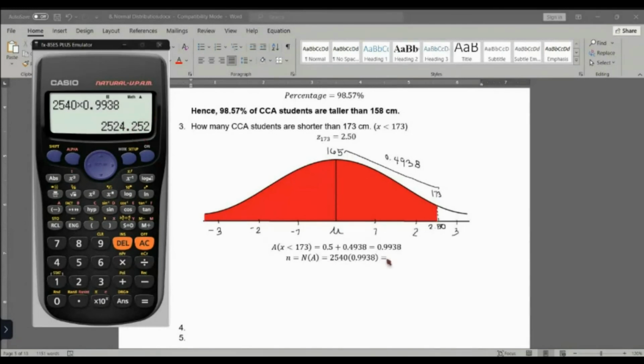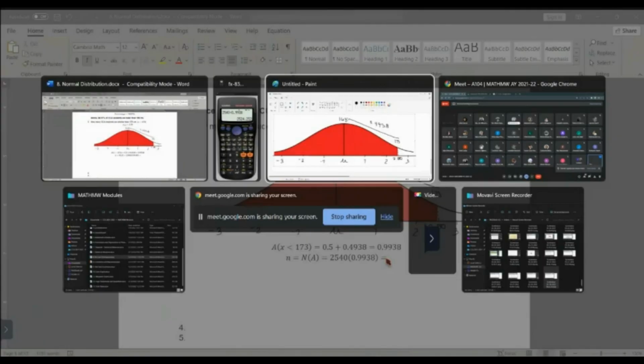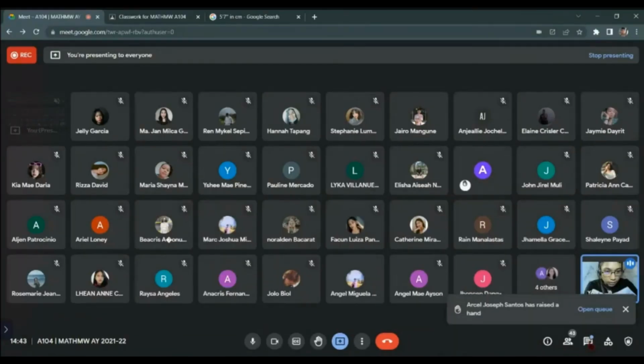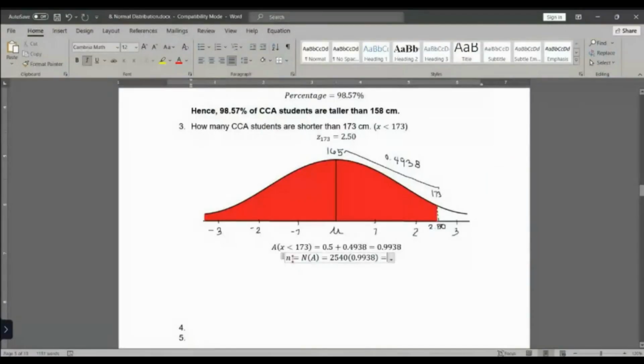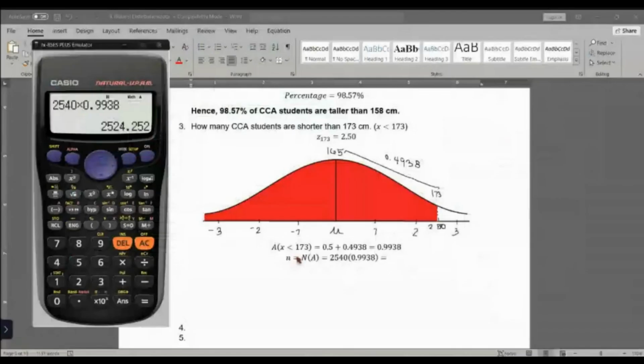Okay. So how many students are involved then? Or how many students are shorter? Anyone? 2,000? Arcel? 2,525.